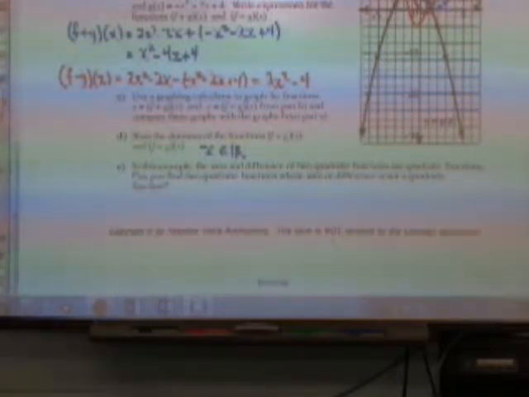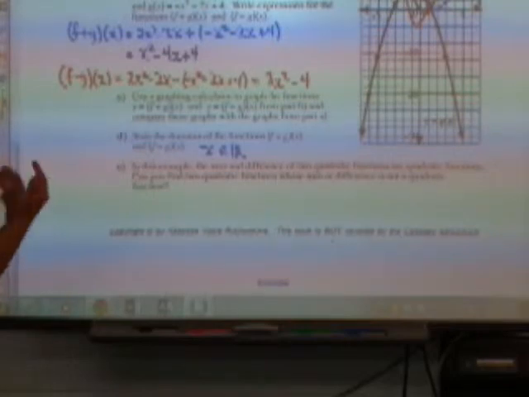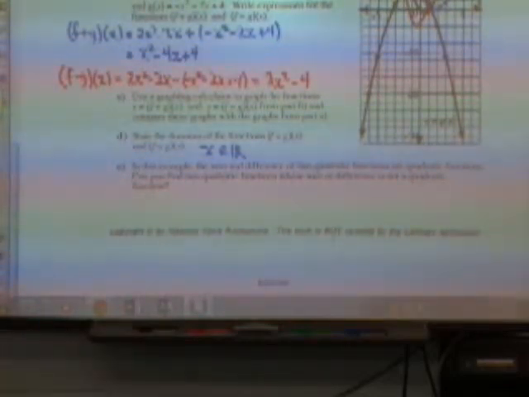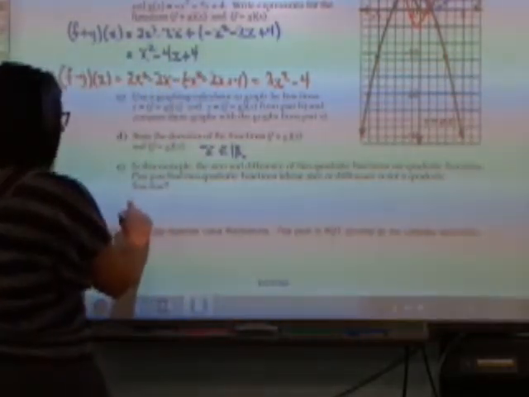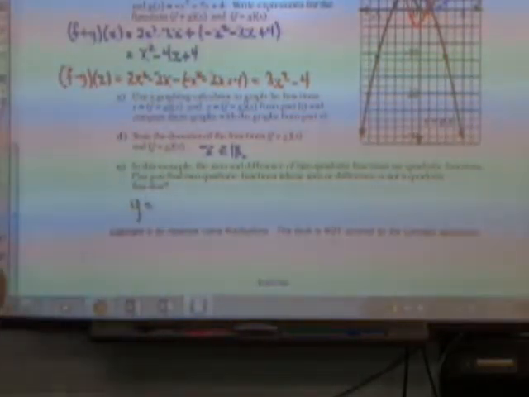How did we make two linear functions, the sum, not equal a linear function? When we had the same number of x's, because we canceled out the x term. So how do I make a quadratic function not a quadratic anymore? What do I get rid of? The x squared. So as long as I take two equations and give them the same x squared value.